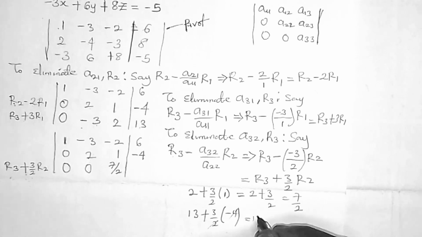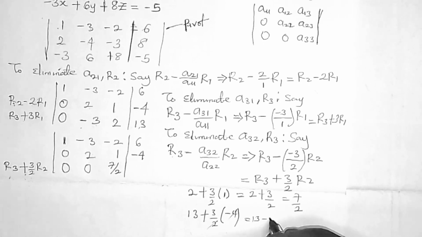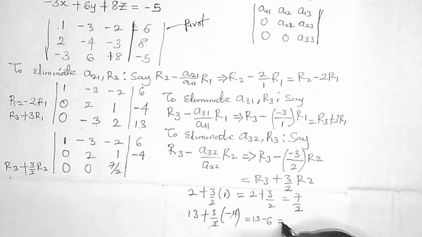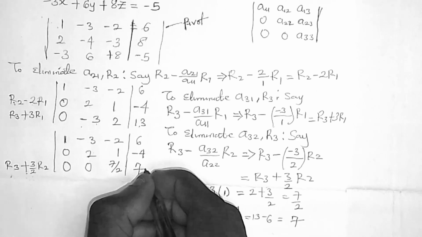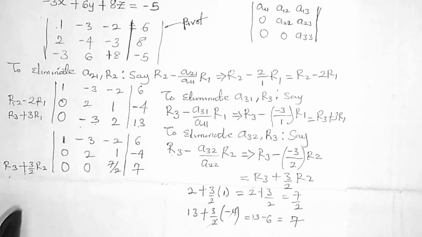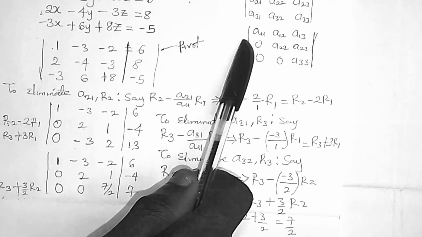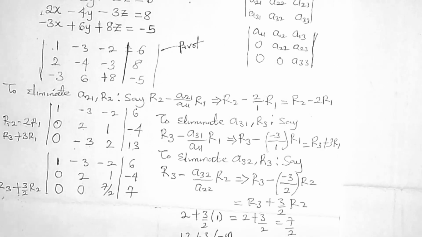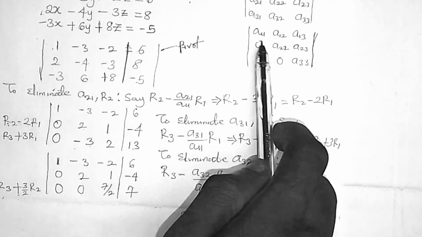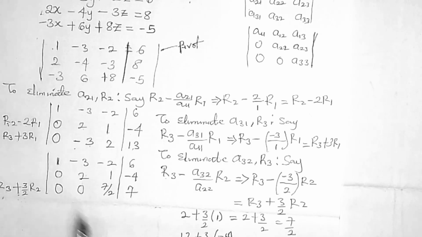So I have 13 minus 6. 13 minus 6 will give us 7. So that means this place is 7. Now can you see that you've been able to get all your thing complete according to the Gaussian? You've been able to have A11, A12, A13, and you've eliminated A21, A31 and A32. Are you seeing that now?